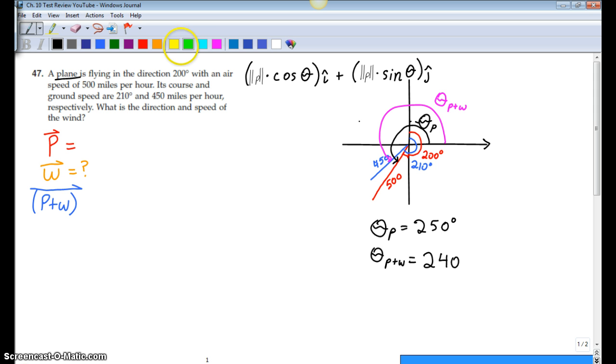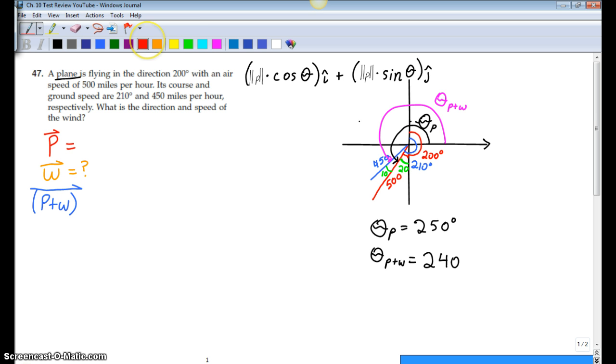Just so we're clear on that, we know that the direction was 200, so if we go around 180 from north, that's how I'm getting the 20 degrees here. And 210 degrees means from due north, I go 180 plus 30. But I'm going to break it into components: 20 degrees from there and only 10 degrees there.